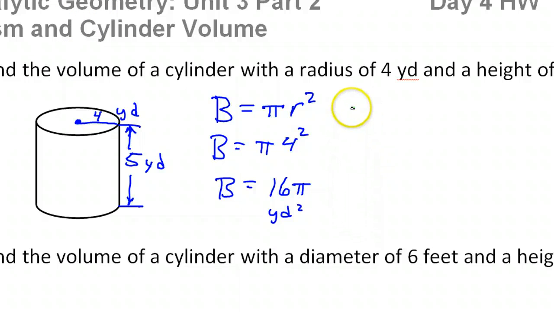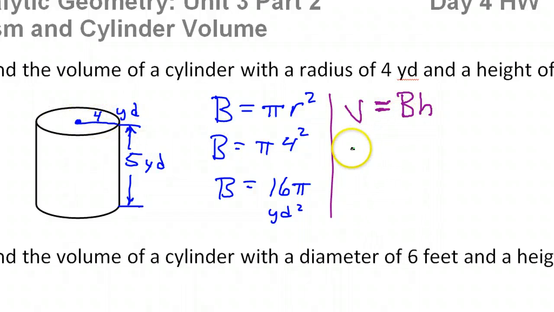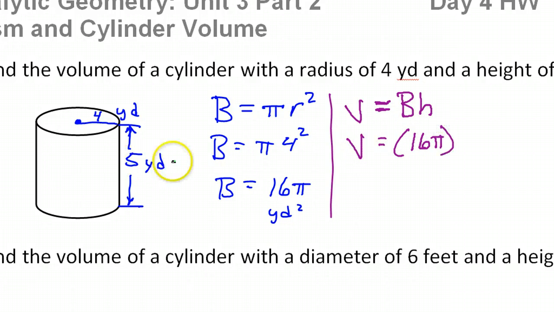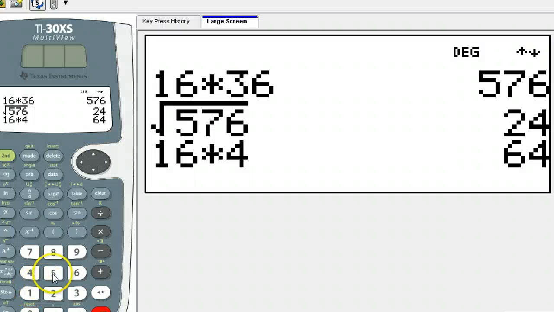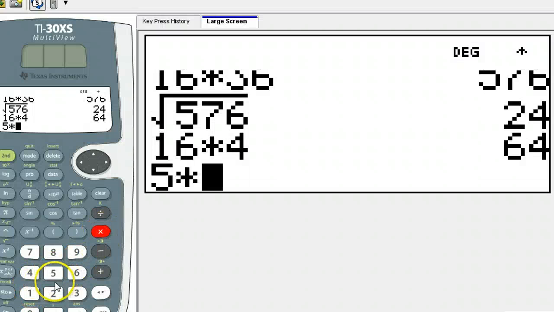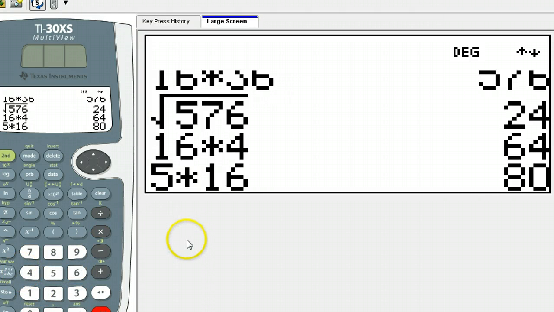If the volume is going to equal the area of the base times the height, and we use capital B to represent the area of the base, then this becomes 16 pi times 5. 5 times 16 is 80.